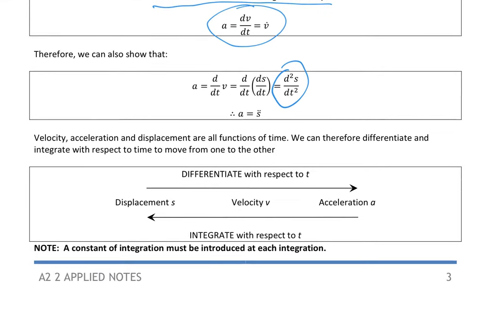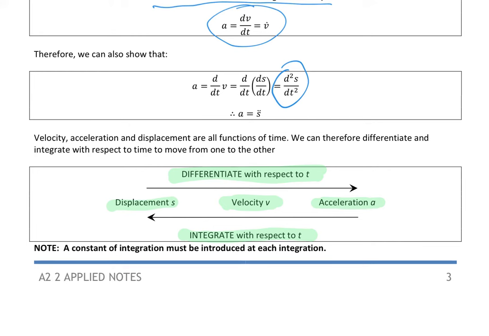Okay, this wee diagram is very good, and it's just really to show you how you get between the quantities. To get from displacement to velocity, you differentiate with respect to t, and to get from velocity to acceleration, you again differentiate with respect to t. To reverse this process, you must integrate with respect to t.